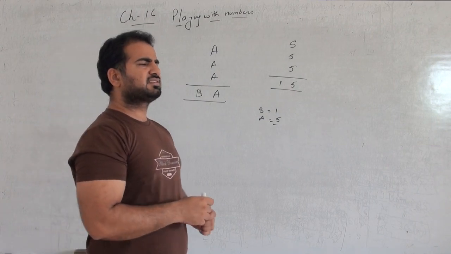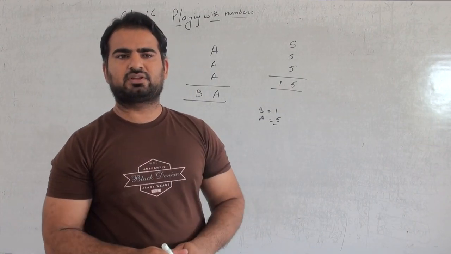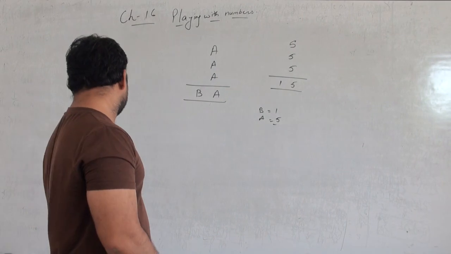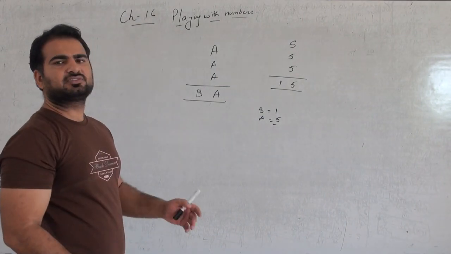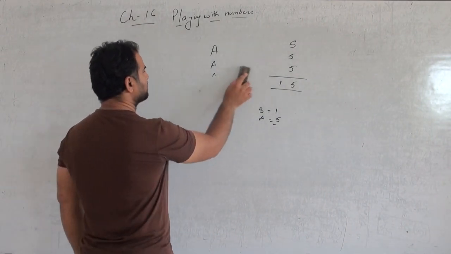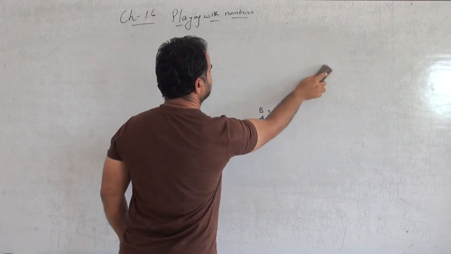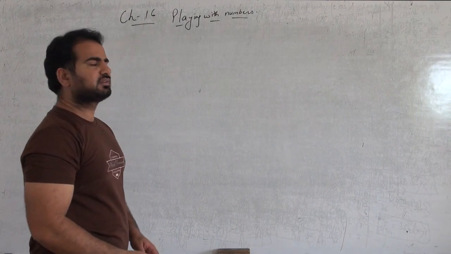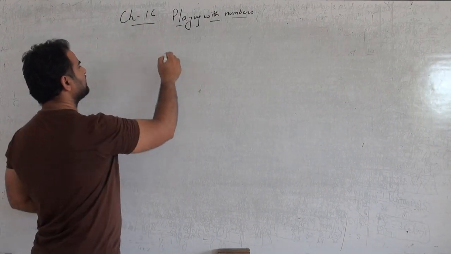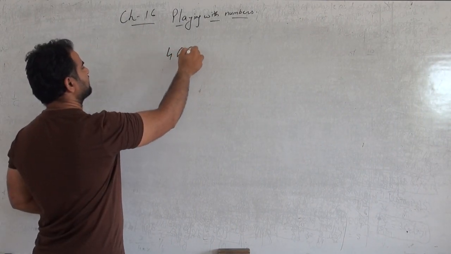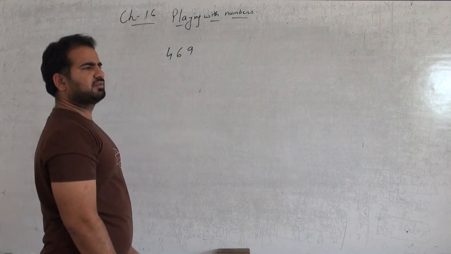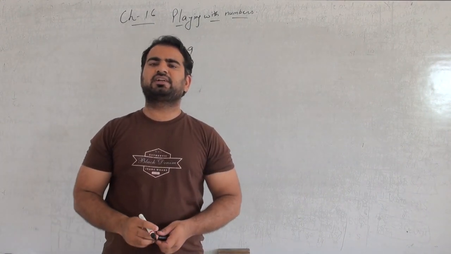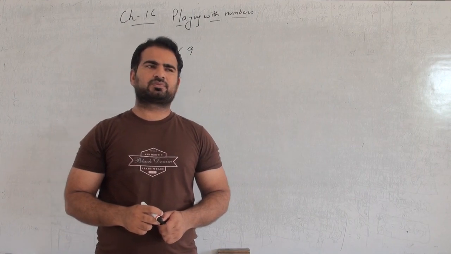And second thing is divisibility test. So I am going to show how to find a number that it is divisible by 2, 3, 4, 5, 6, 7, 8, 9, 10 and 11. Like a number is given, 469. First of all we have to check is it divisible by 2.